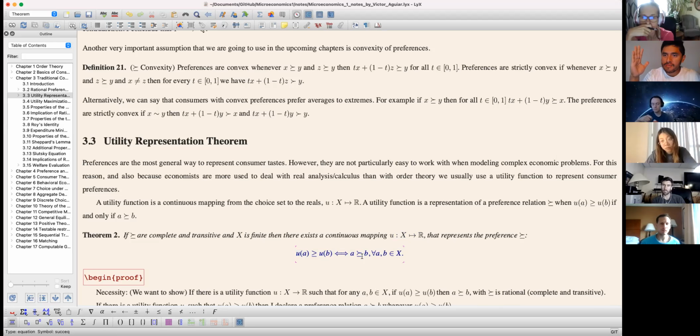And this flow tells me that, imagine I have a preference on X that happens to be complete and happens to be transitive. Now, this theorem is guaranteeing to me that I can write down a utility function, right, that ranks objects in the same way as my preference function, okay?